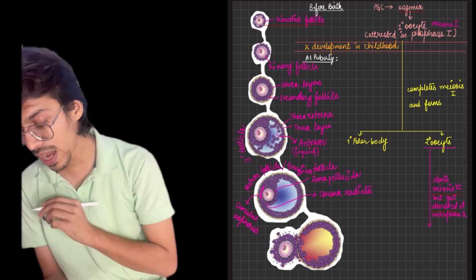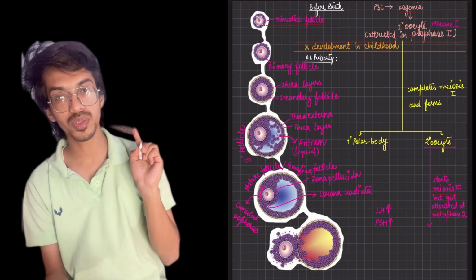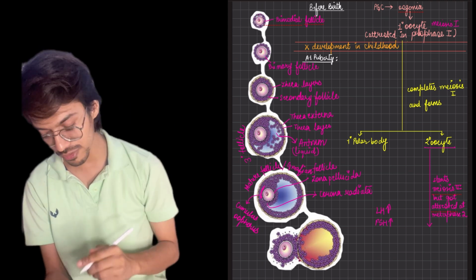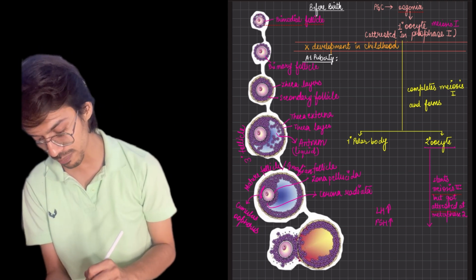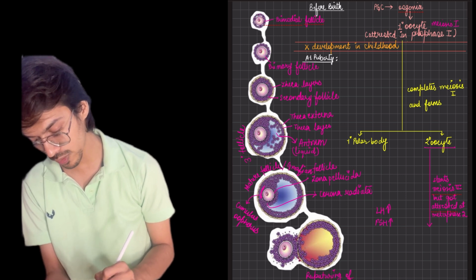There will be a high level of LH and FSH, meaning a peak of these hormones is released and it will burst the Graafian follicle. This is the rupturing of the Graafian follicle.